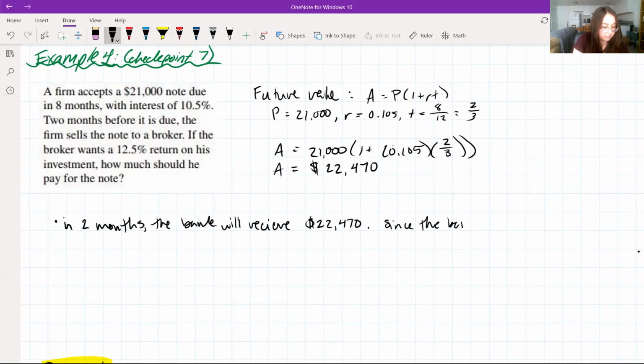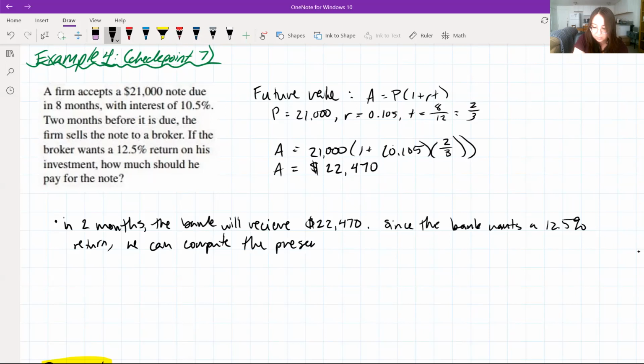Since the bank wants a 12.5% return, we can compute the present value for this amount at 12.5% for 2 months.